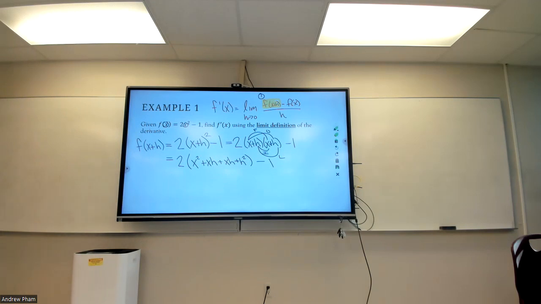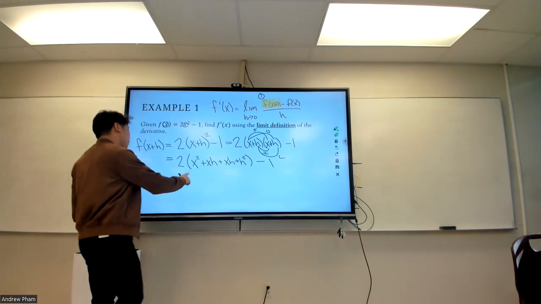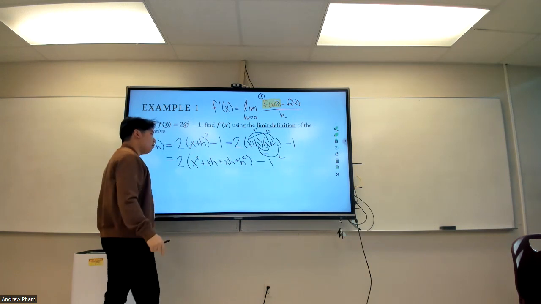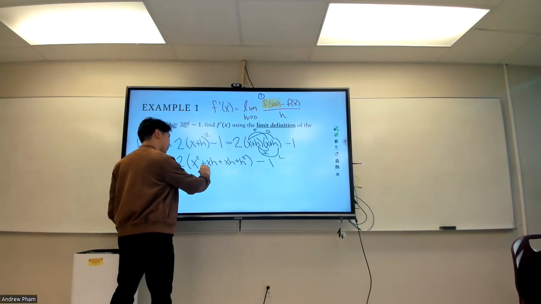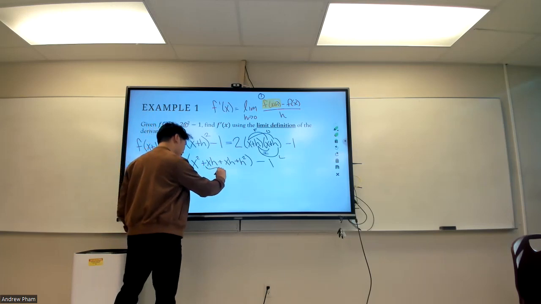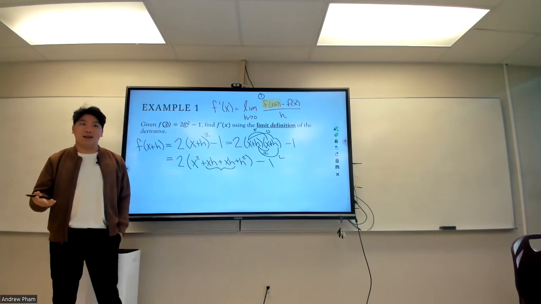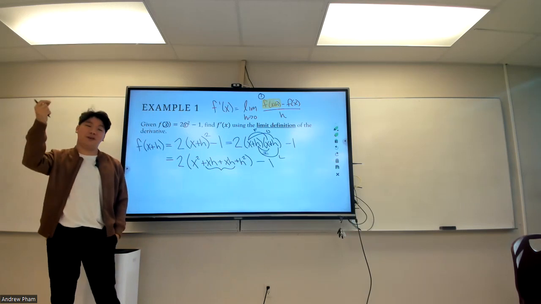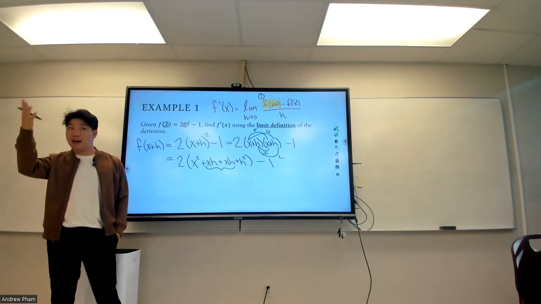All right, how can I take this one step further to clean it all up? Where can I go from here to either combine like terms or get rid of any parentheses? Let's see, I'm going to do two things at once here. The first thing I'm going to do, just to save us some room, is that xh and xh, those are the same thing, right? I can combine them. Just like if you had x plus x, you would say 2x.